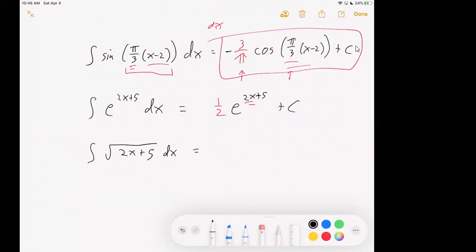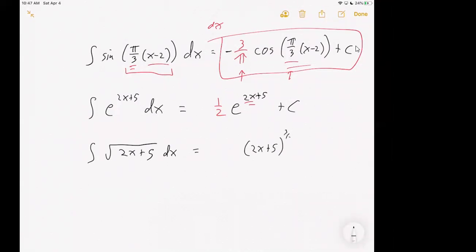So the antiderivative goes up 1. So I must have 2x plus 5 to the 3/2 power. By the way, I'm thinking of this as 2x plus 5 to the half. So it must go up to 3/2, which means I already need a factor of 2/3 plus c.